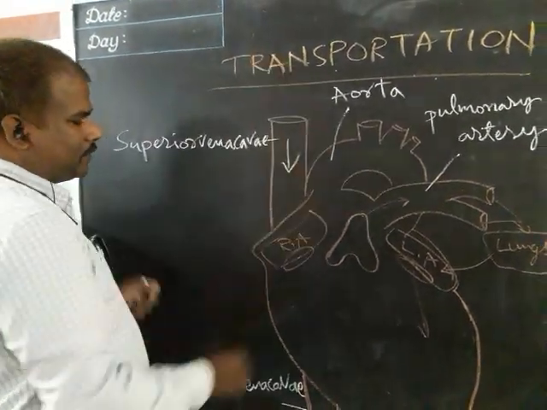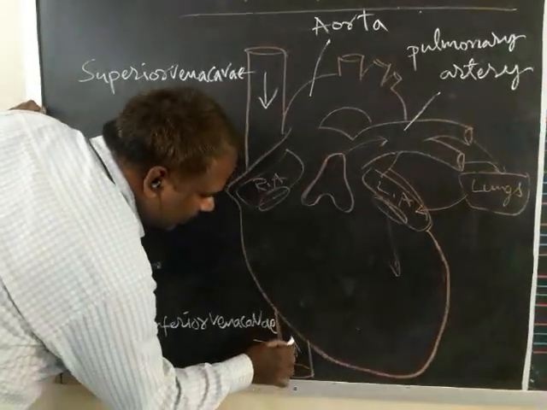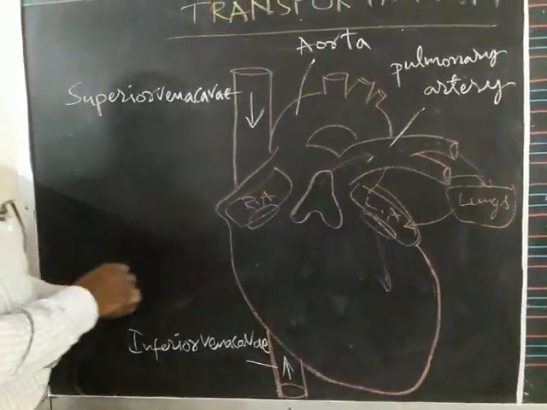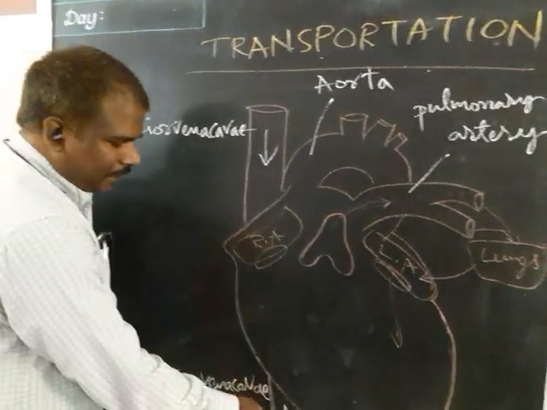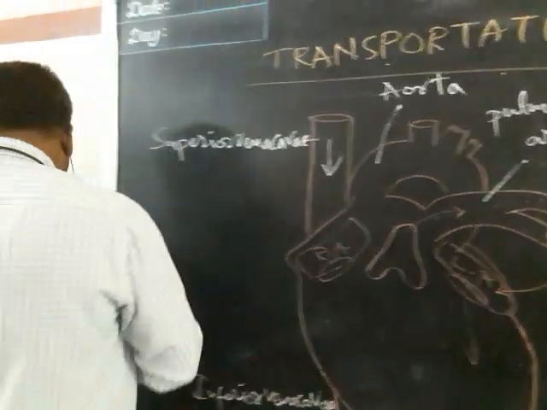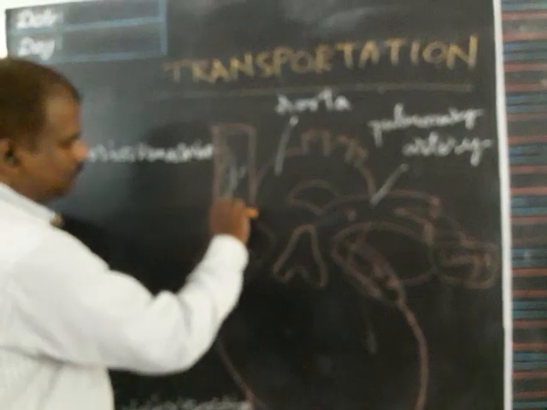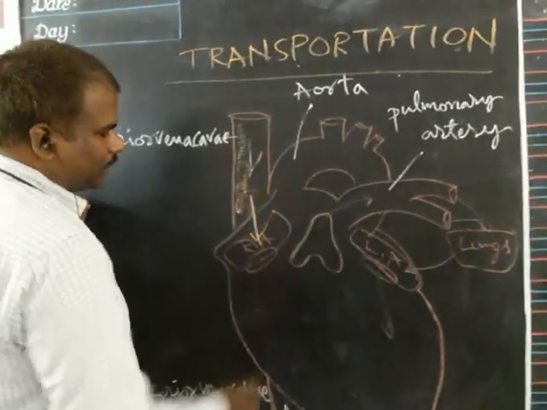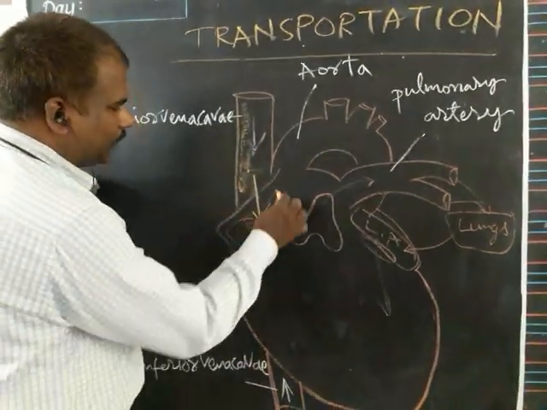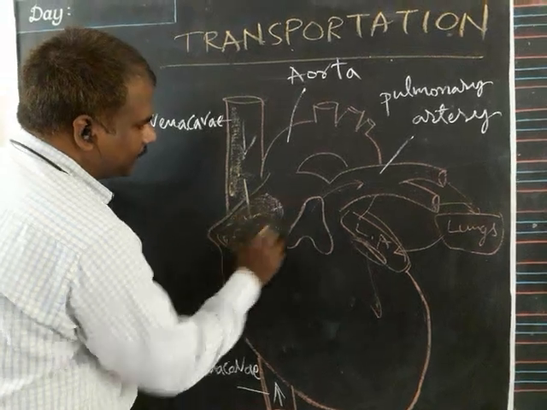See the arrow marks: the deoxygenated blood collected by these caval veins moves into the right auricle, until the right auricle is filled completely.